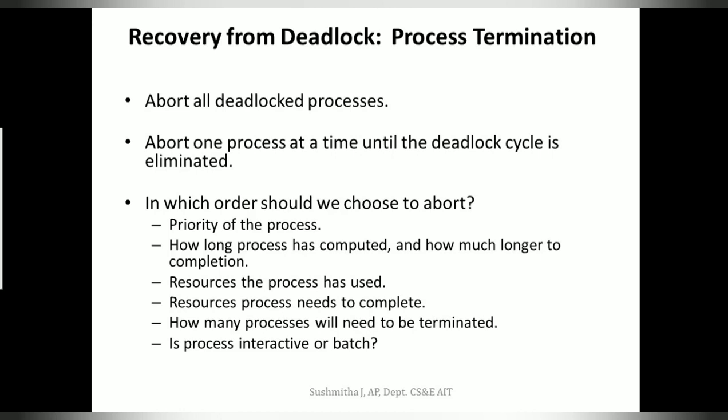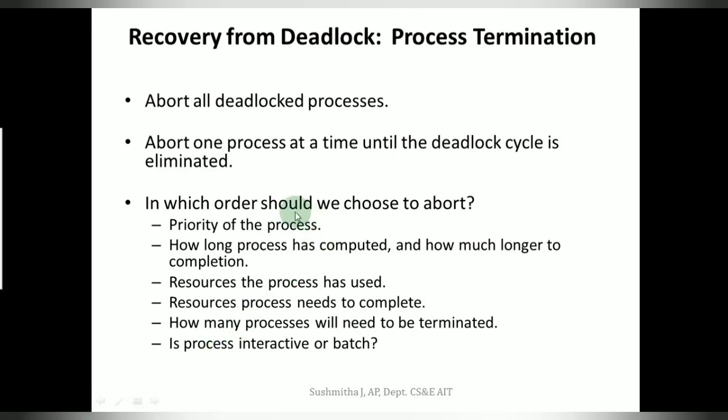There could also be scenarios where it could actually demand aborting all the processes. Now here are some of the criteria. How do we choose? I said there are 4 processes involved in the deadlock. Among the 4 processes, should it be P1 that I abort first, P2, P3 or P4? How do I decide?